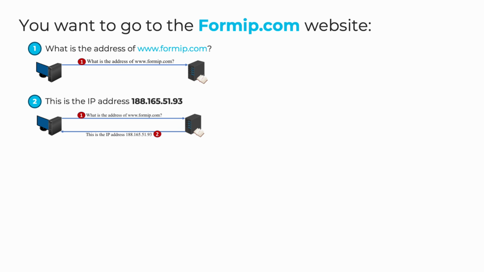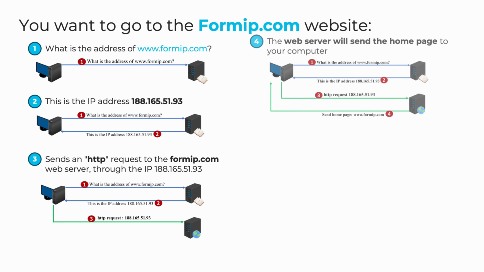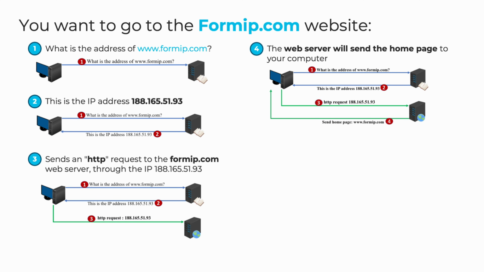Then the DNS server will answer you that it is the IP address 188.165.51.93. Your computer will then be able to send an HTTP request to the formip.com web server through the IP 188.165.51.93. And finally, the web server will send the home page to your computer.